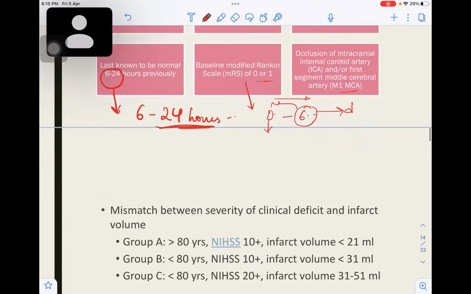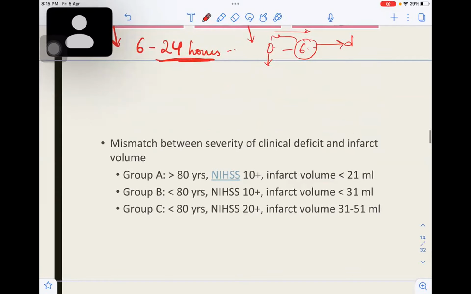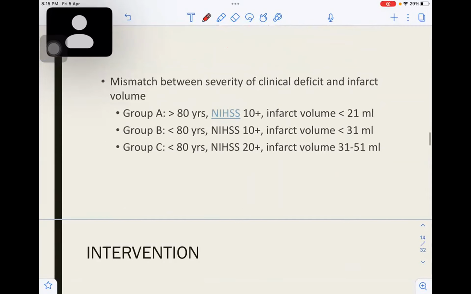Then they used one more major inclusion criterion, that is mismatch between severity of clinical deficit and infarct volume. Based on this, they divided patients into three groups: group A, group B, and group C. In group A, they included patients with age more than 80 with NIHSS score more than 10 and infarct volume less than 21 ml.